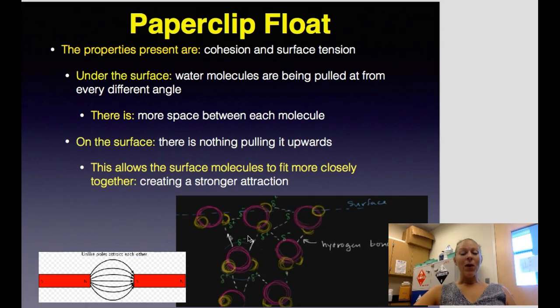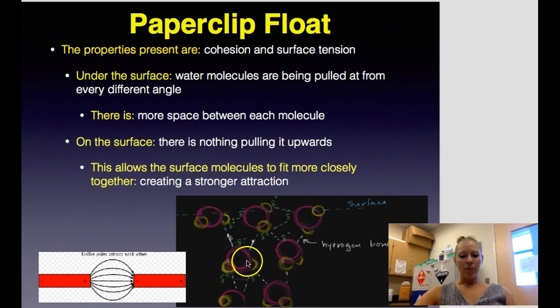The paperclip float. The properties here were cohesion and surface tension. So surface tension is a product of cohesion, so you can't really have one without the other. They're related. And we understand by this point that there's going to be this attractive force in between water molecules.